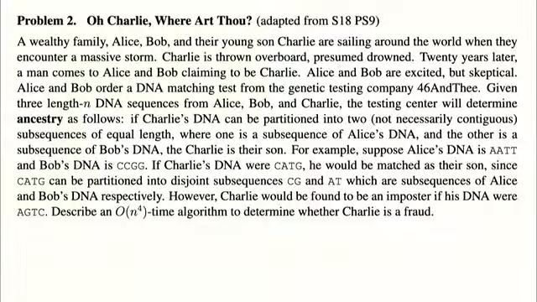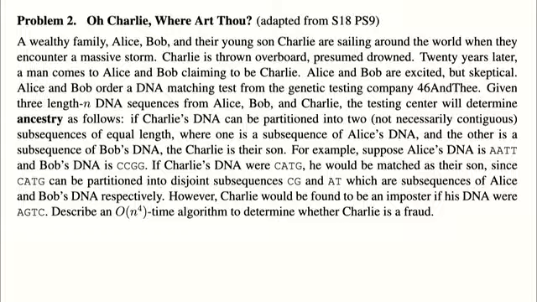Alice and Bob are excited but skeptical, and they order a DNA matching test from the genetic testing company 46&V. Given 3 length n DNA sequences, basically strings of C, G, T, A, from each of Alice, Bob, and Charlie, the testing center will determine their ancestry as follows.